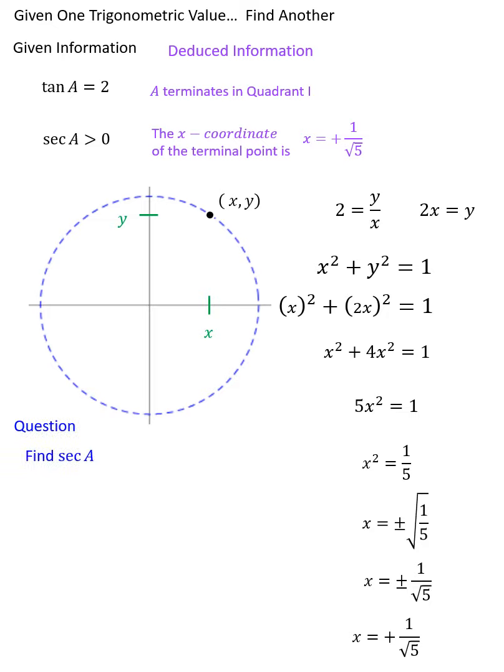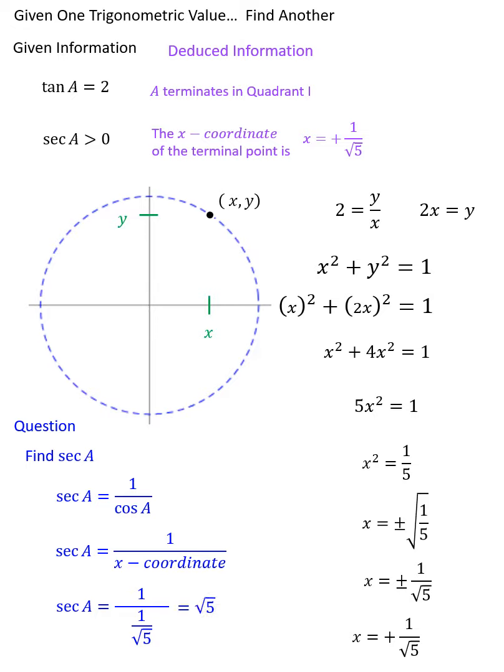But in this particular case, there's no reason to worry about either of those concerns, because we're only looking for the secant. And being that the secant is 1 over the cosine, or 1 over the x coordinate, I really don't need the y coordinate to find the secant. So substituting in the x coordinate that we just found, and doing some very simple fraction arithmetic, leads me ultimately to the answer that the secant of A is radical 5.